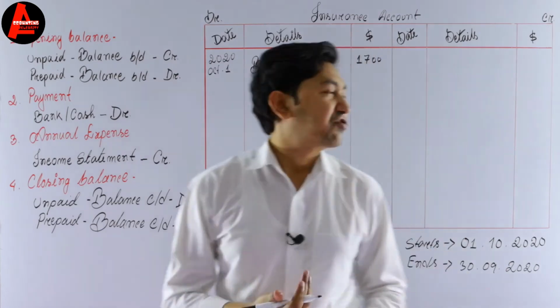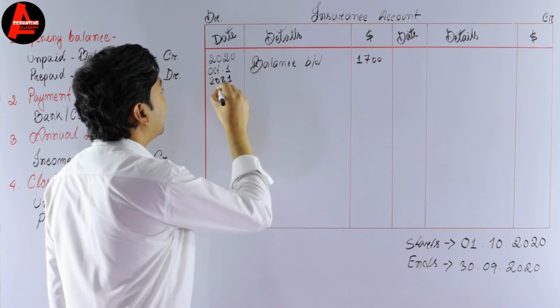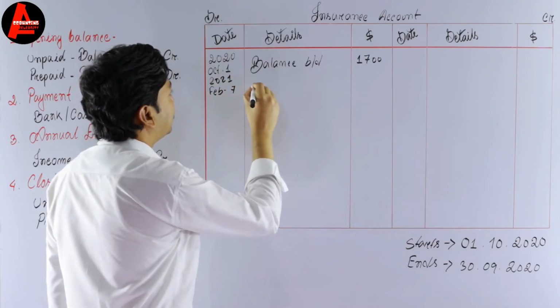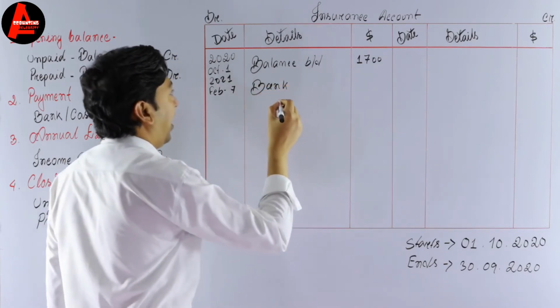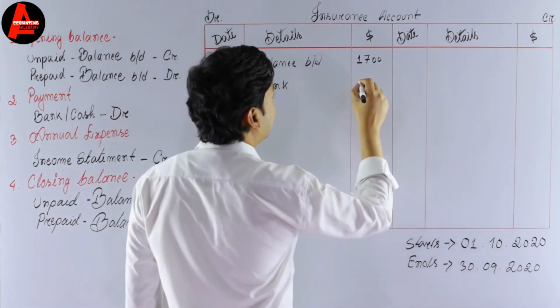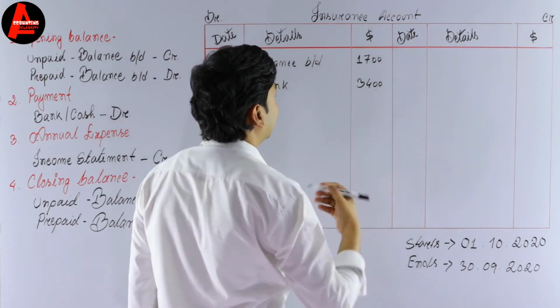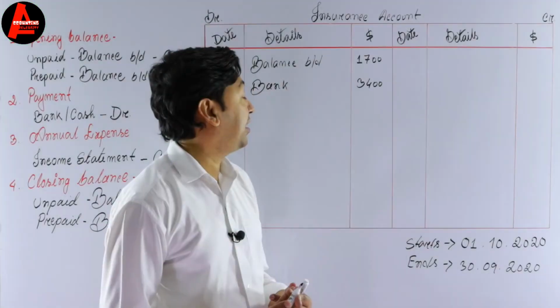Okay, so let us write the date first. 2021, it is February 7. So we will write here bank and the amount paid is $3,400. Okay, then what we have here on 13 August 2021, another payment of $3,500 by check.